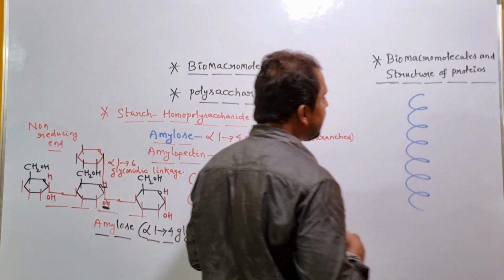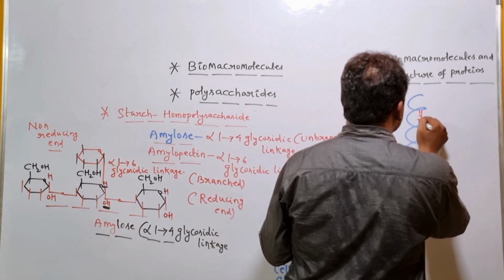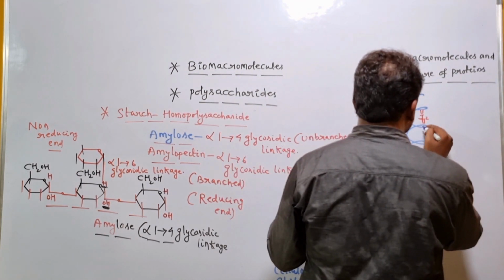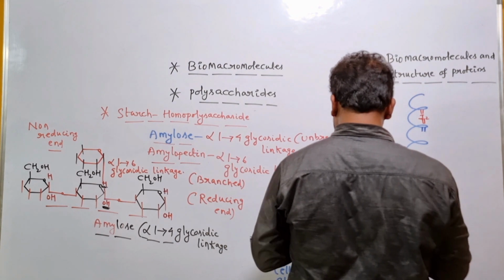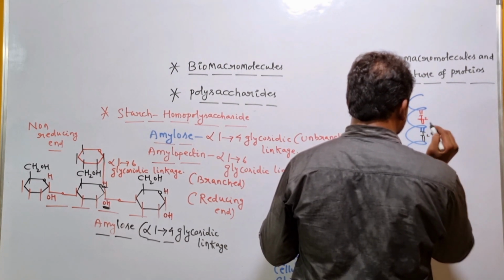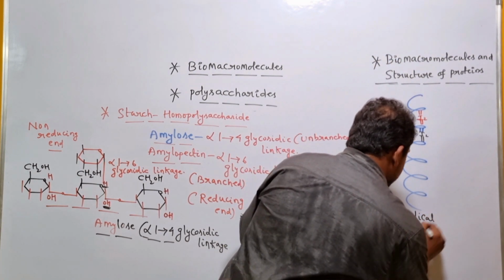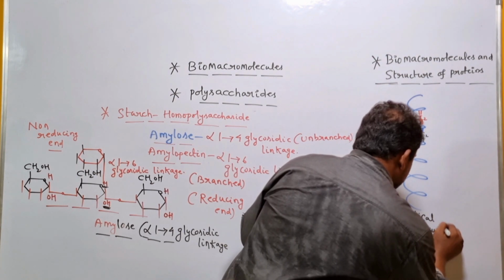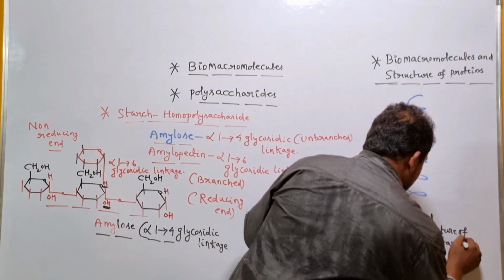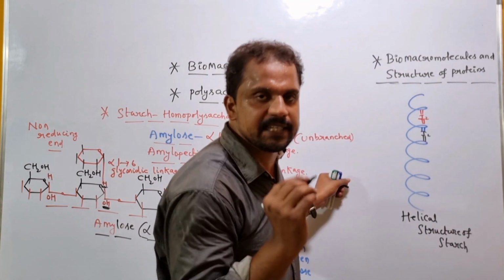To the concerned secondary helical structure, the iodine molecule successfully binds here. Iodine molecule, right? Helical structure of starch. So to the concerned helical structure, the specific iodine molecule successfully binds.